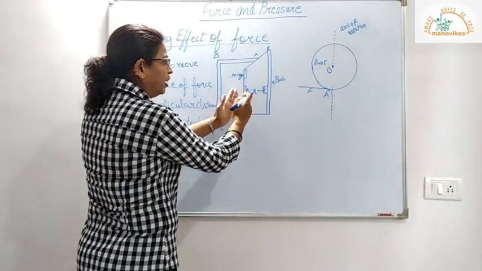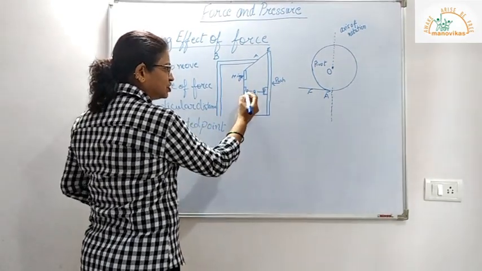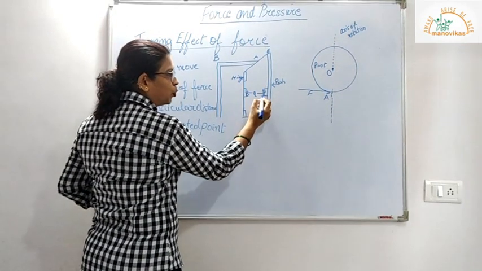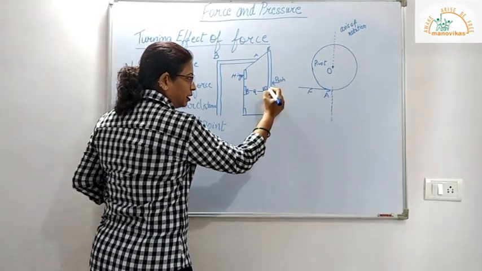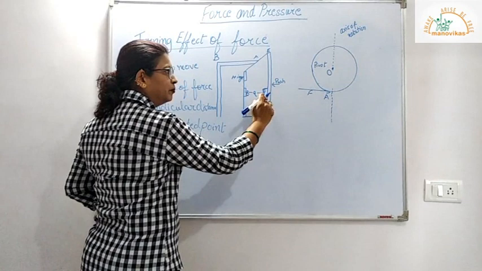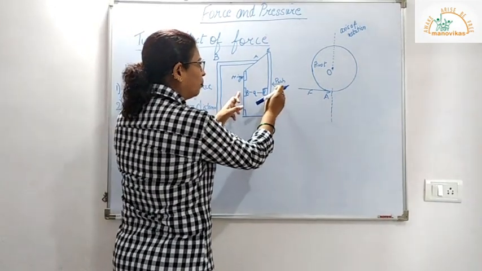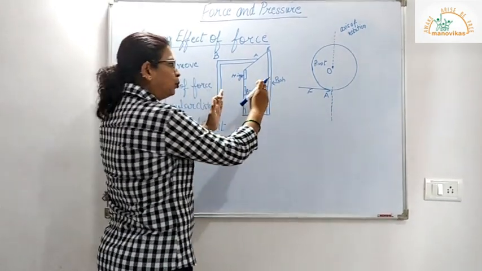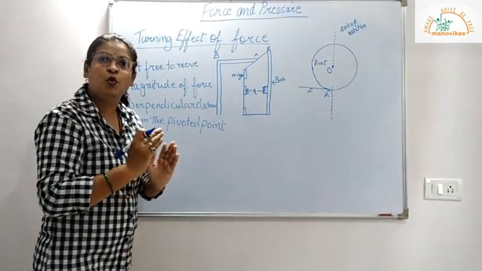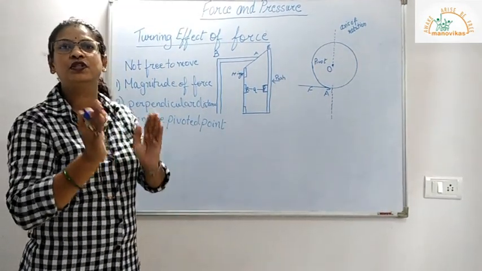But if we increase the perpendicular distance from the pivoted point to point P here, that is the handle of the door, and try to push or pull the door, it will be easier to open and close the door.